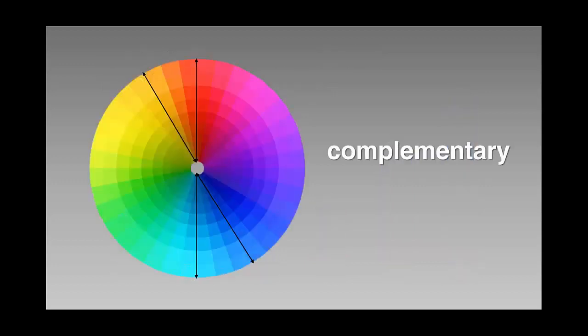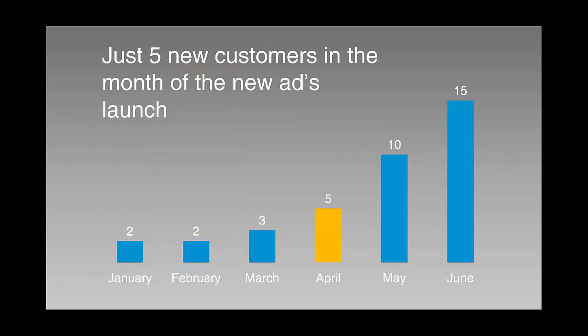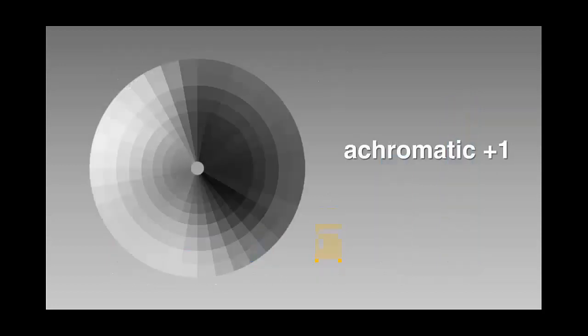Third way, the so-called complementary color combination, which is taking a color from the color wheel and another one from the opposite side of the color wheel, which looks like this. Right? Not bad at all. And probably one of my favorite color combinations: we take one of the nuances of black and just use one other color for accent, and it's called achromatic plus one, and it looks like this.